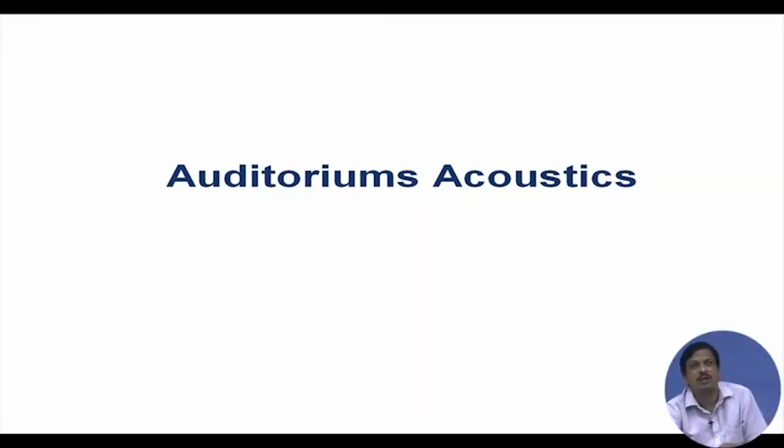Suppose you want to design an auditorium or a lecture hall, as those who are doing architectural business design that lecture hall. How should I design that lecture hall so that acoustics is taken care of? What are the parameters we should look for in acoustic treatment? So, there are two kinds of things.